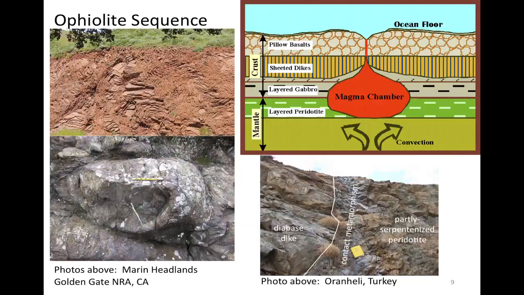The Marin Headlands is usually a place people go to take postcard photographs of the Golden Gate Bridge, and a lot of people that go there will drive up the road and look out over the bay and over the Golden Gate to San Francisco and just take some spectacular footage of the city with the Golden Gate in the foreground.